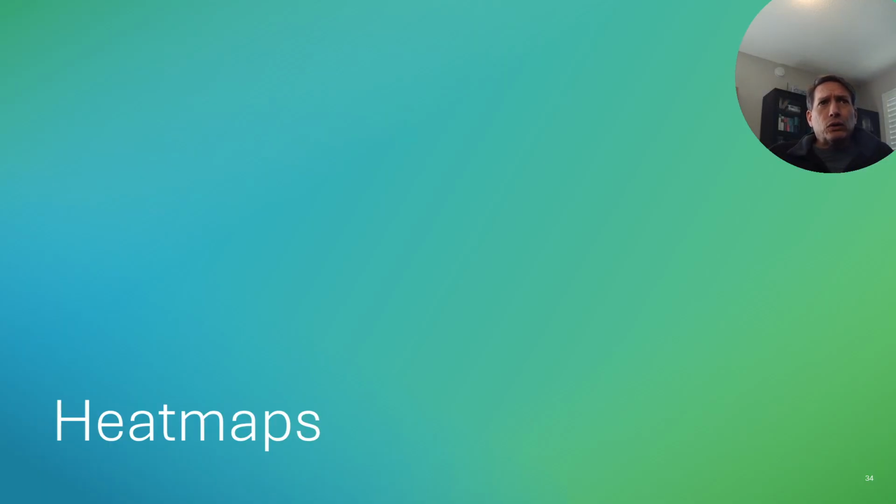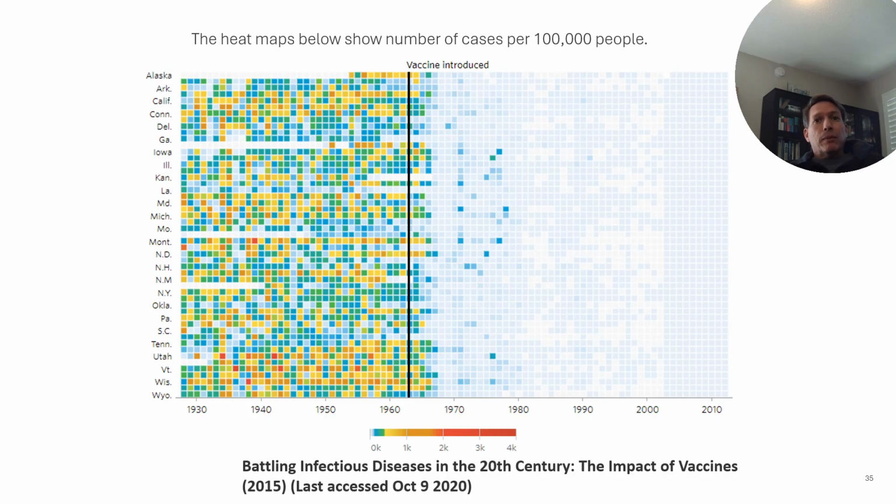Another important representation that we use to convey a lot of information and data in an abstract way is the heat map. And this is an example of the events of infectious diseases in the 20th century. We can see there when the vaccines were introduced, okay? And this heat map is telling a story, no?